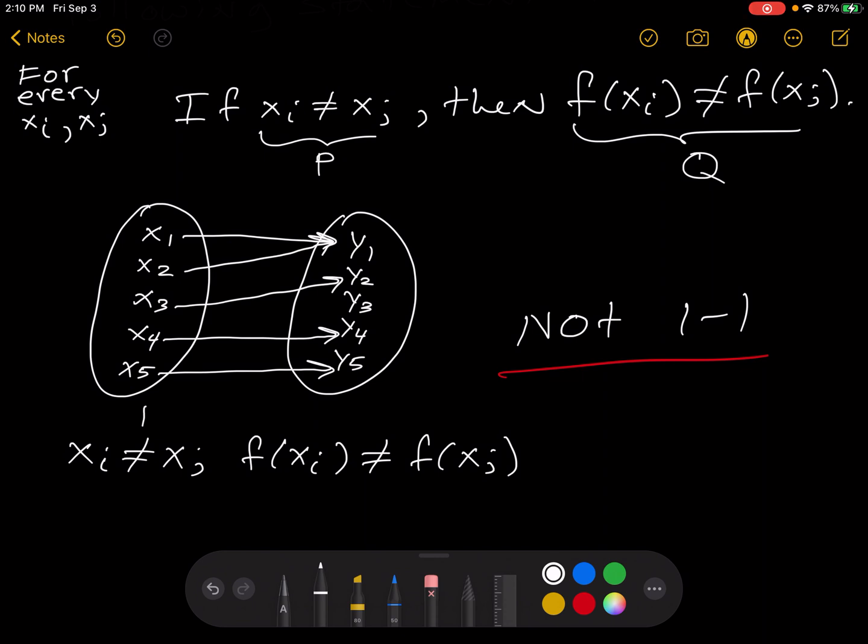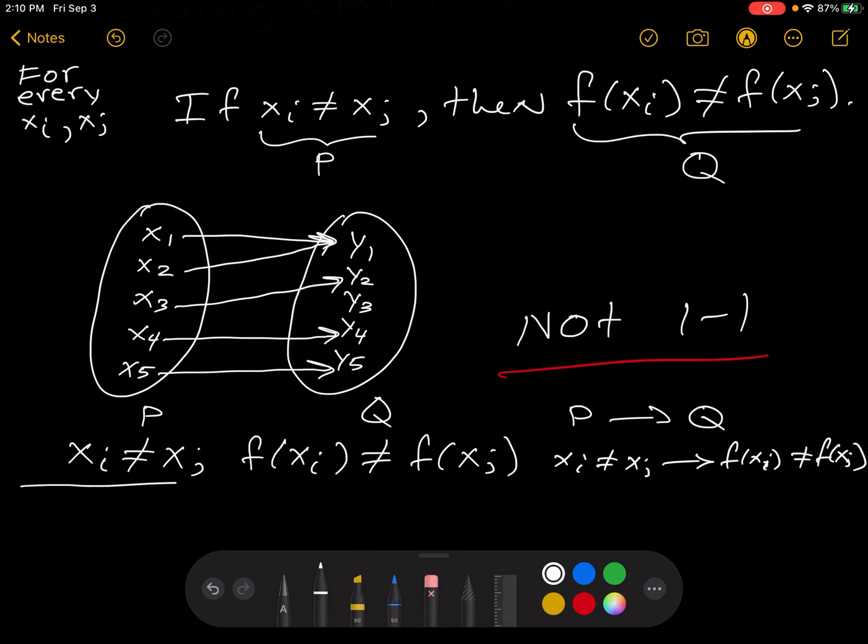So this is like P here, this is like Q, and then lastly we have P implies Q. So we have xi does not equal xj implies f of xi does not equal f of xj. Whew, I was able to fit it all in there.